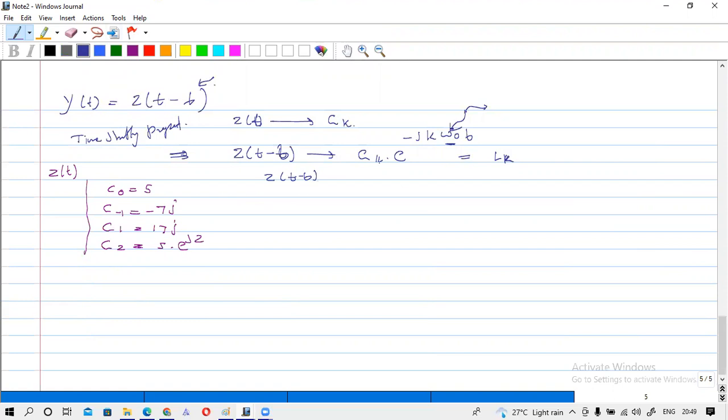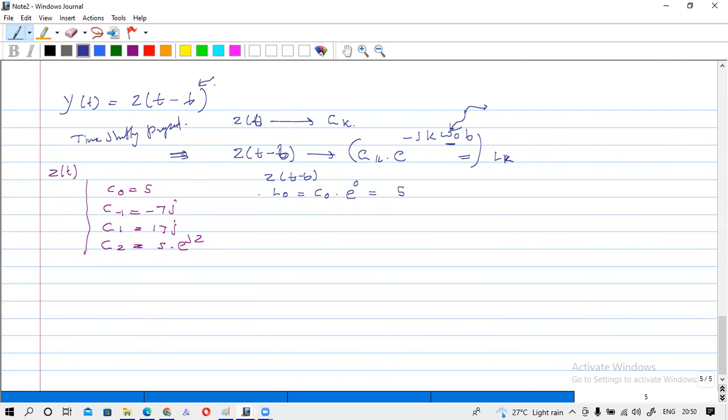Let's say that L0. For k equal to 0, e to the power 0 is 1, so we have C0, which is 5. So L0 is 5.